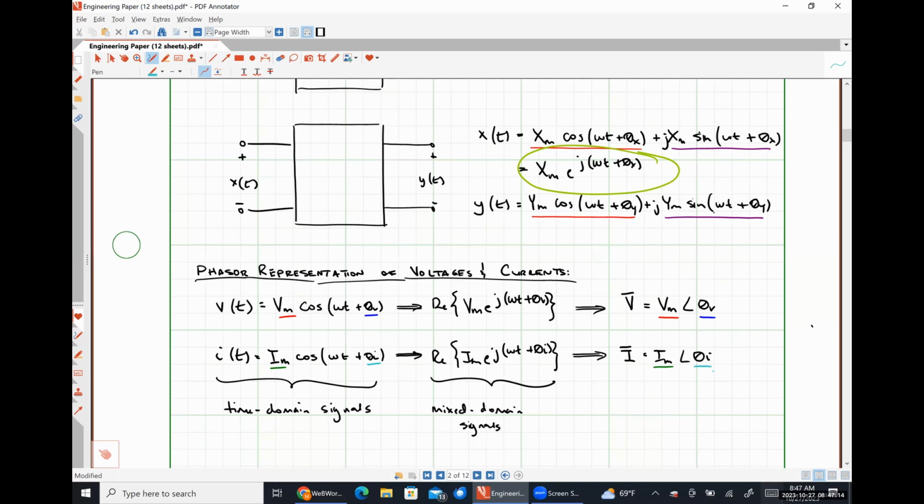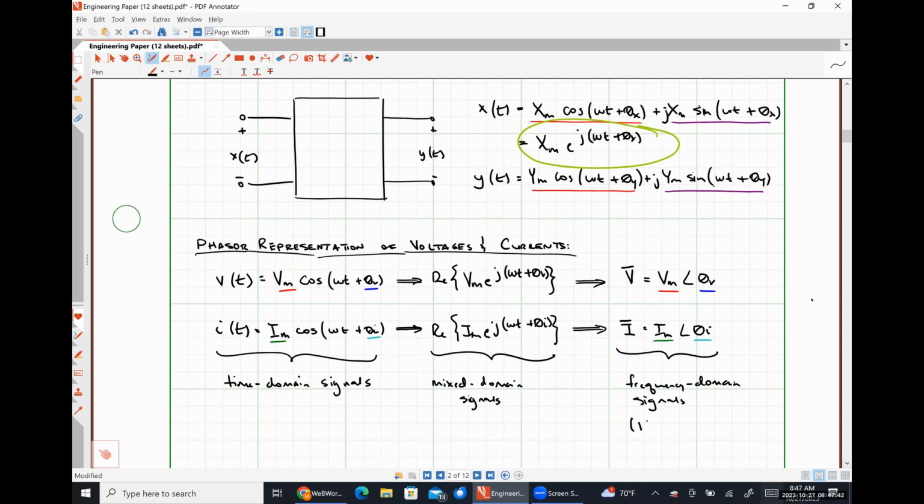We're using it because it's the real part of that complex representation. So these signals over here are our frequency domain signals, which we more commonly call phasors. Phasor is just a portmanteau of phase vector.